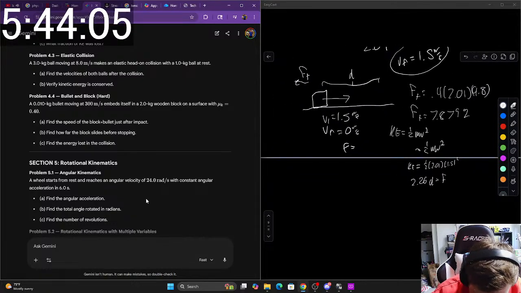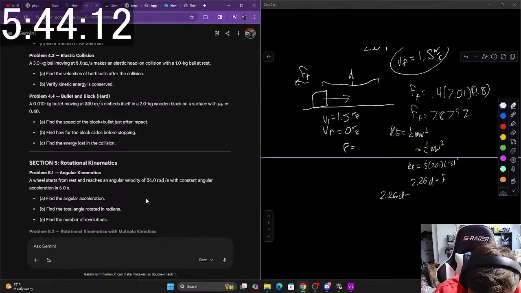So what's the distance? For it to become 0, we need 2.26D to be equal to 7.8792. Don't think that's right.